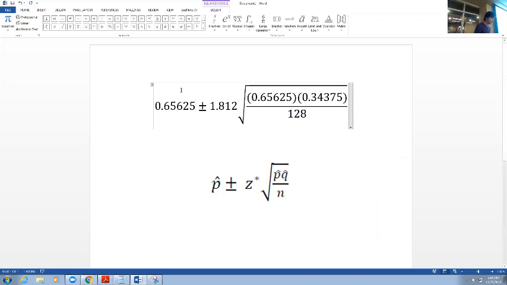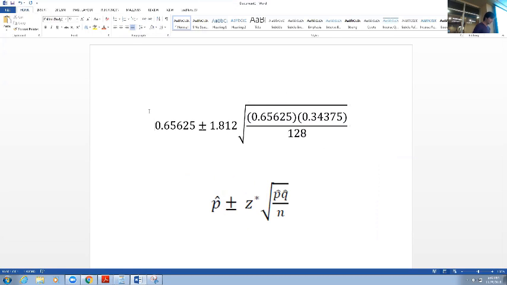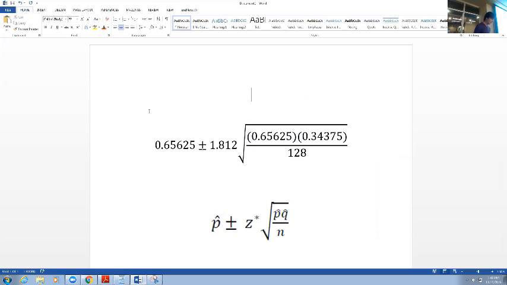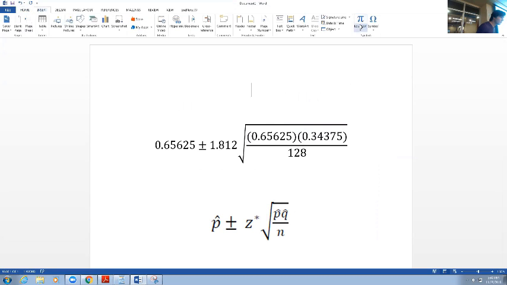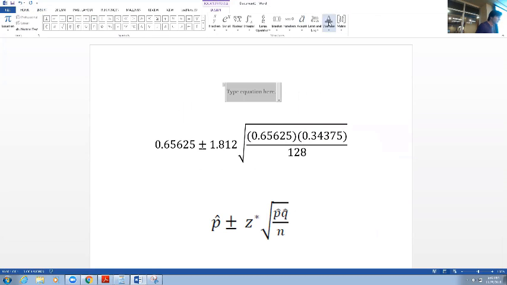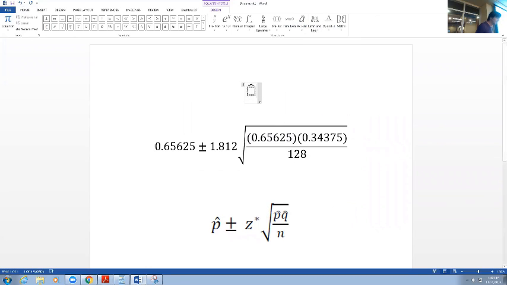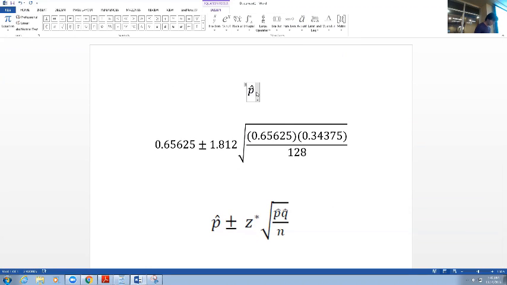So to find out P hat, because I think other people might have that question too. I don't have P hat yet. So P hat, let's do equation builder. So P hat is equal to x divided by n.